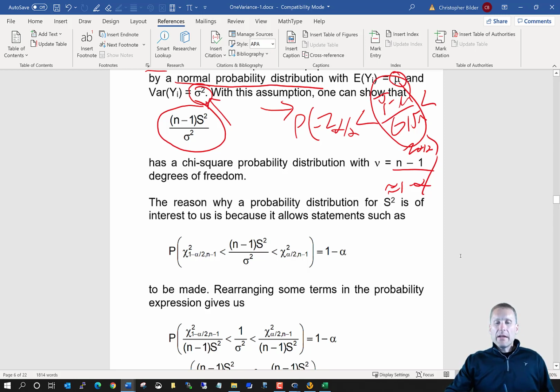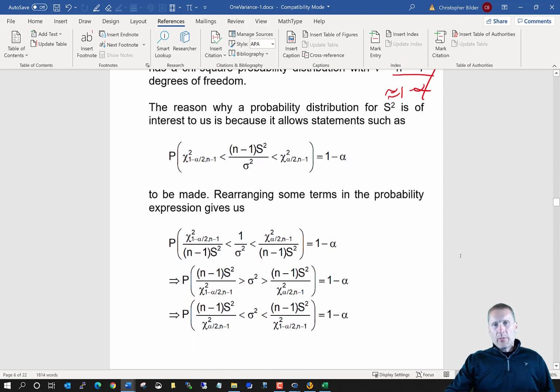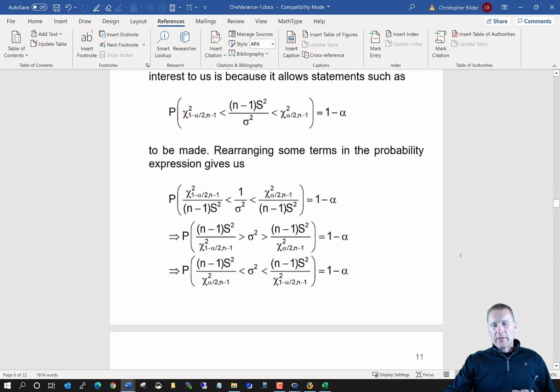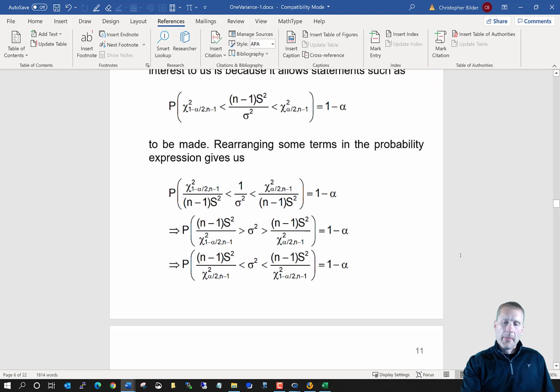So, since this quantity that's dependent upon S squared and sigma squared has a chi-square distribution, we can write the following probability statement. We get a quantile from our chi-square distribution on the left, and a quantile from the chi-square distribution on the right.